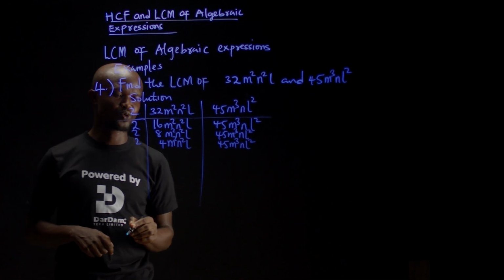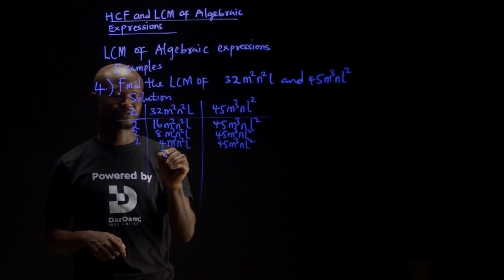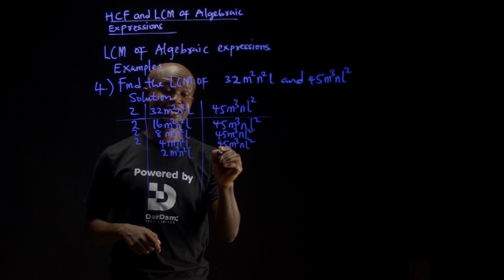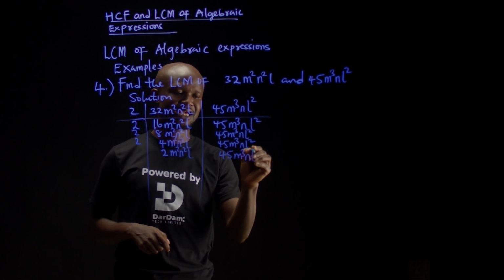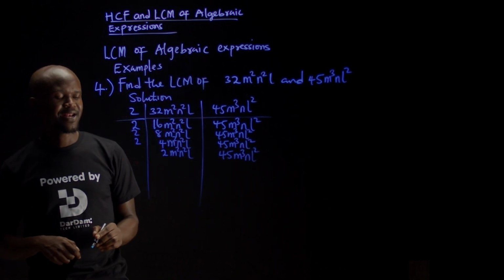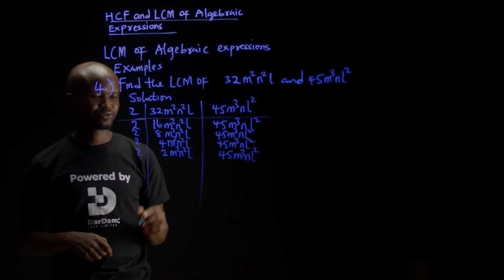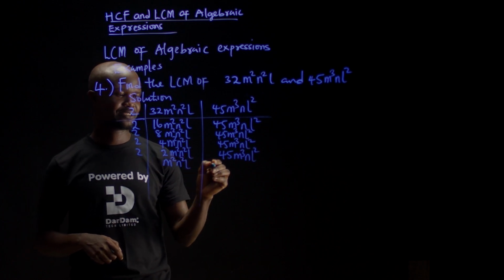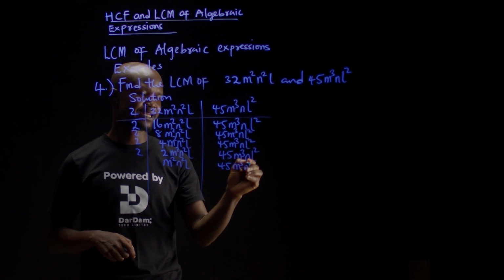Using 2 also, 4 divided by 2 is 2m²n²L. Dividing by 2 again, we have m²n²L, and 45m³nL².